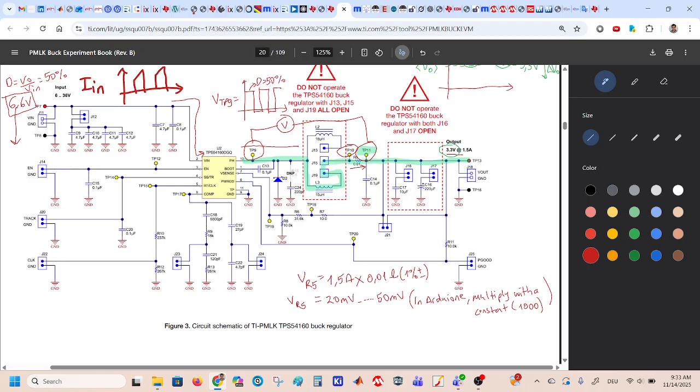And the problem is that in the oscilloscope we used the math 1 function, it was TP9 minus TP11, and this waveform is actually a square wave minus TP11, which has the sine function.